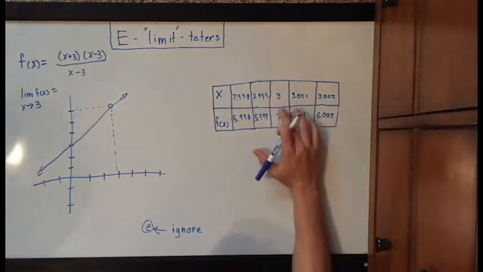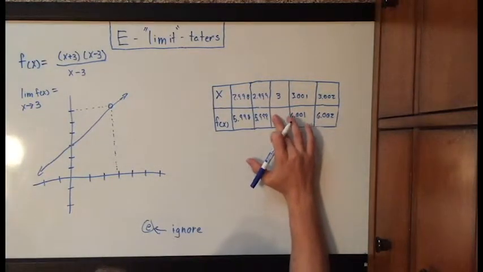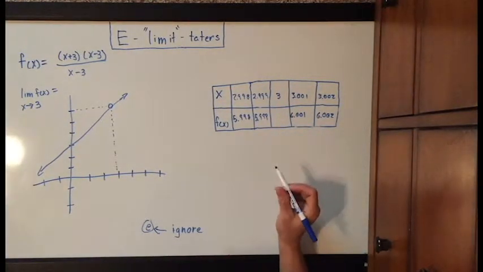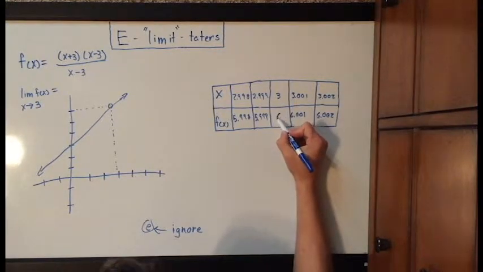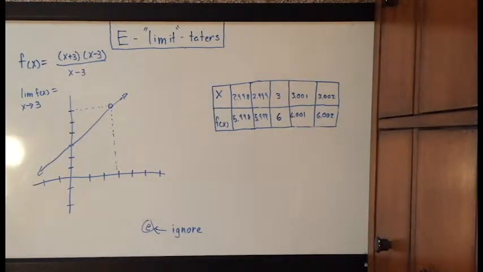So we fill in these values, which are 5.998, 5.999, 6.001, and 6.002, and we can see that between 5.999 and 6.001, the only logical thing that could be here is 6. So we put that in for the value, and we say that the limit of f of x as x approaches 3 is 6.